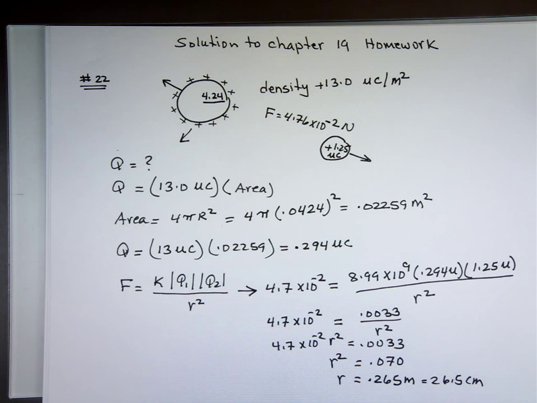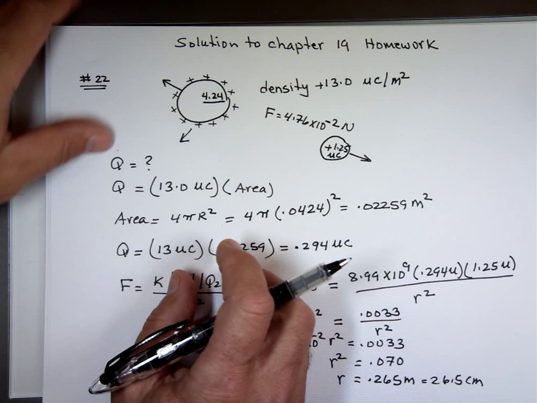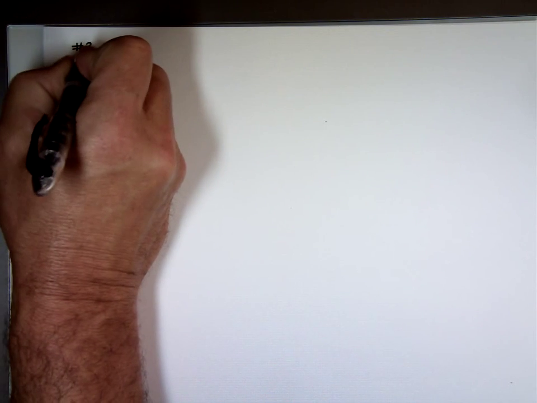Number 31. Do we know what Q is for that one? Find the direction. Q equals 2.5 microcoulomb, and the distance is 31 centimeters. Okay. It looks like we have a square.